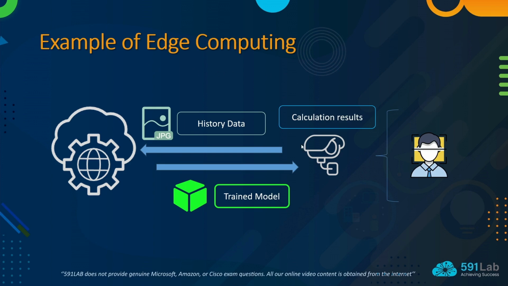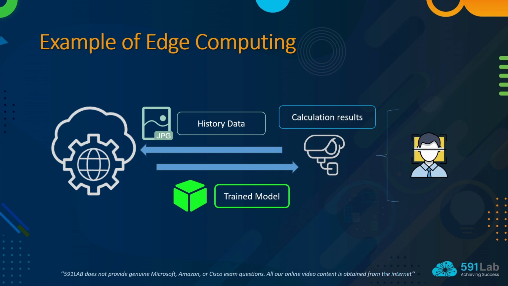In edge computing, this camera will take photos and calculate results immediately, and then send the JPG file to the Cloud Center. This is the history data. So the Cloud Center uses this new data to train a new model and send it back to every camera. The camera will use this new model to update itself.